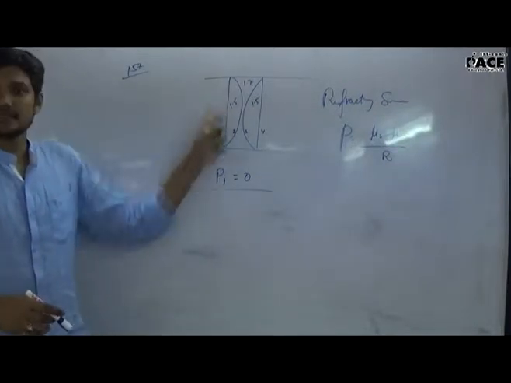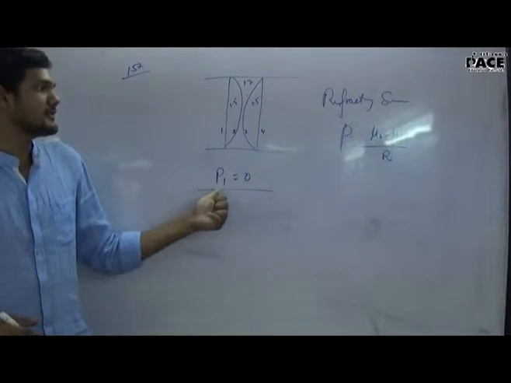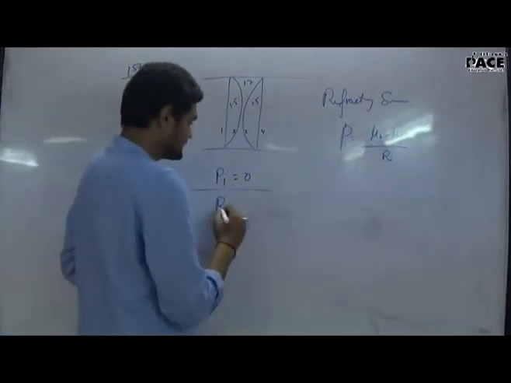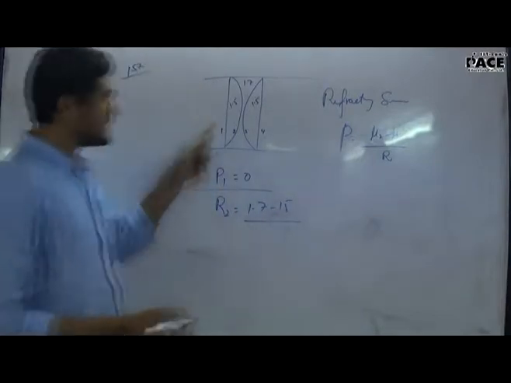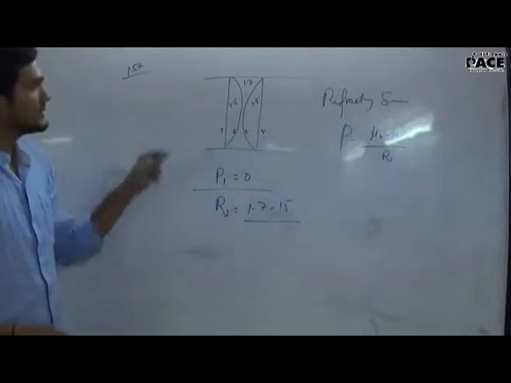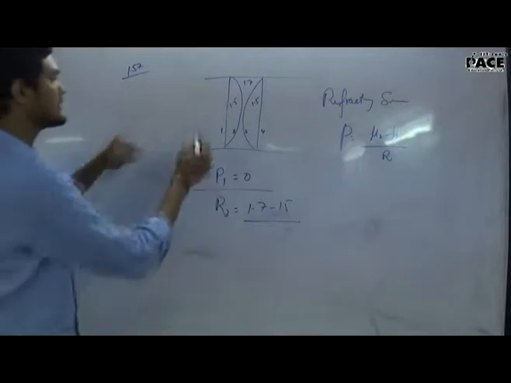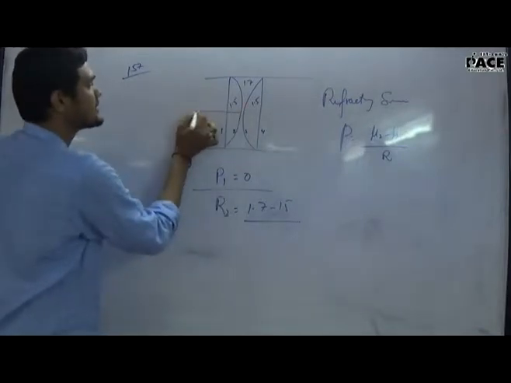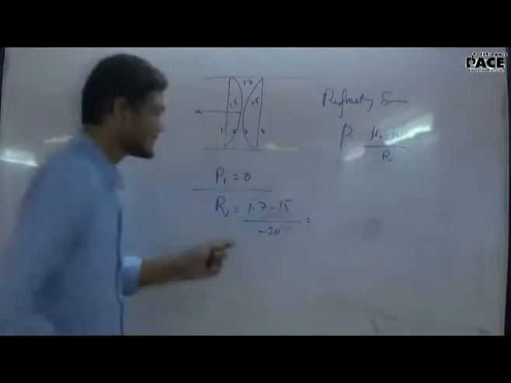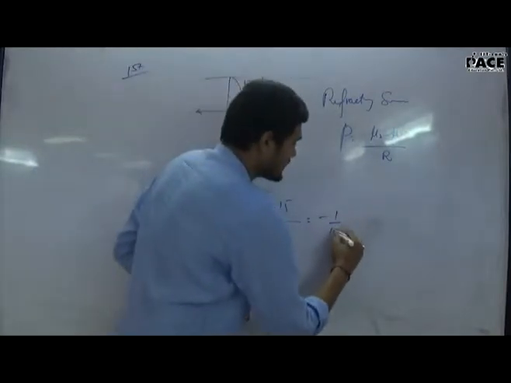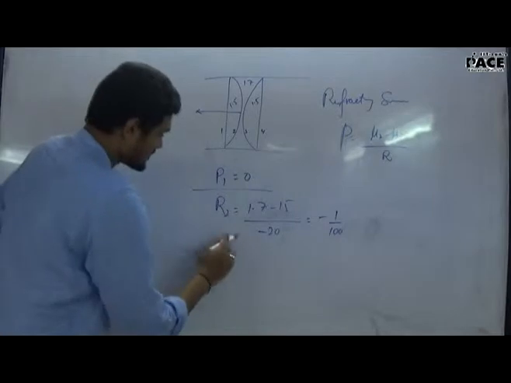Because it is the planar surface, that means the radius is infinity, the power will be 0. P2 is equal to 1.7 minus 1.5 upon the radius. The radius in this case is negative. Reason: the center of curvature is in this direction, and the radius is in this direction. So we'll write it as minus 20. So this becomes minus 1 upon 100. Okay, this is P2.